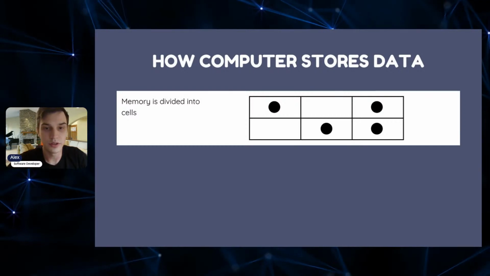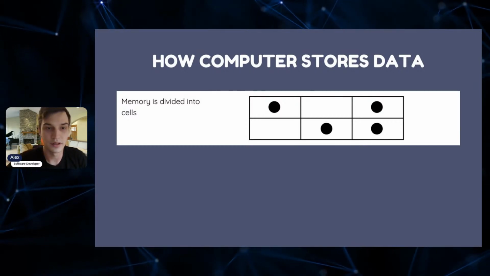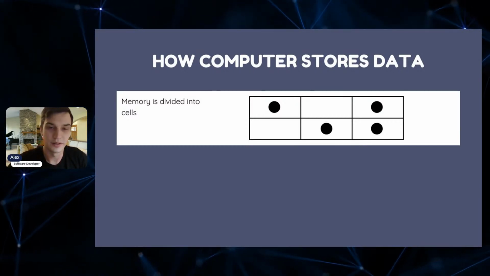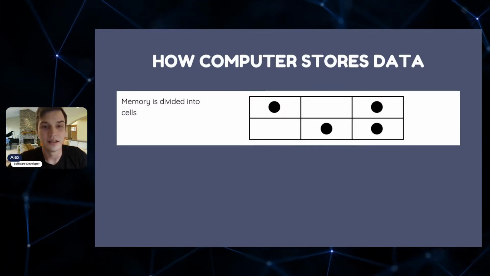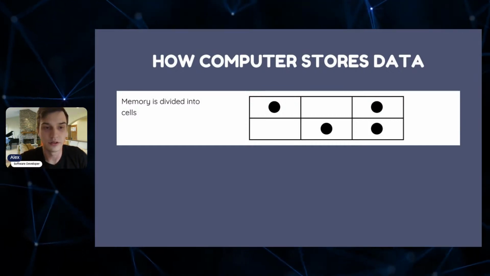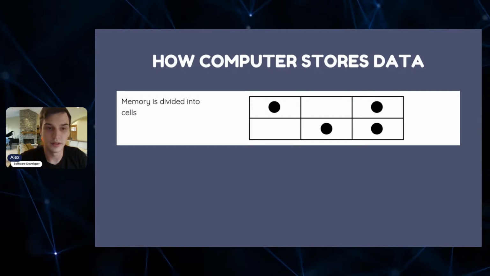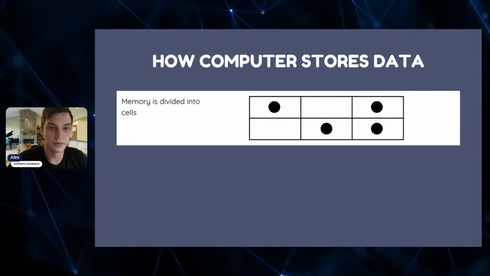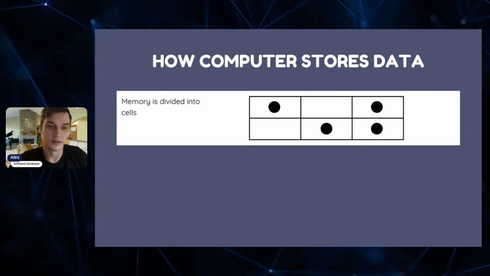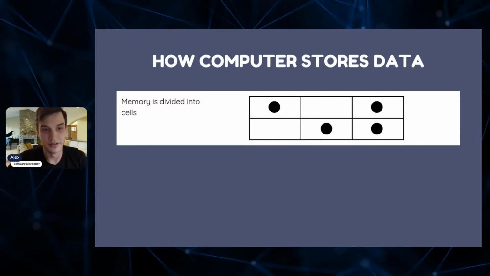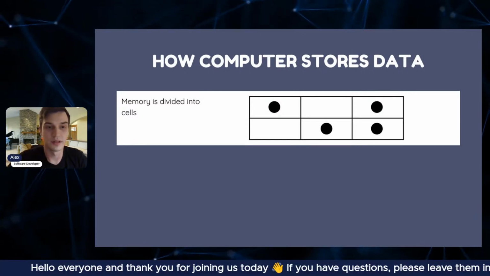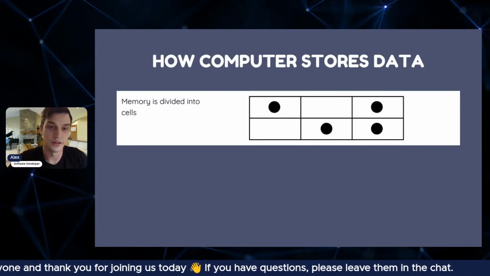Usually this something is an electron, so here is a black circle. If there is an electron in a cell, the value of the cell is 1. If there is nothing, it's 0. Reading this memory, the computer can understand whether there is something or not.